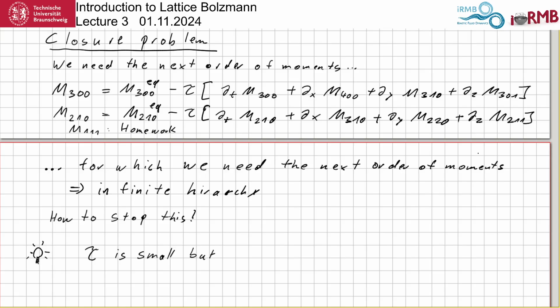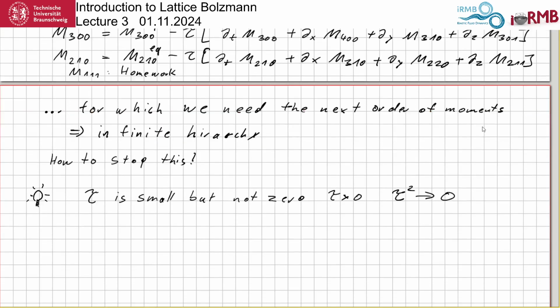So it's small, but not 0. So our best guess, tau is larger than 0, but our next best guess is to say that tau square is 0.